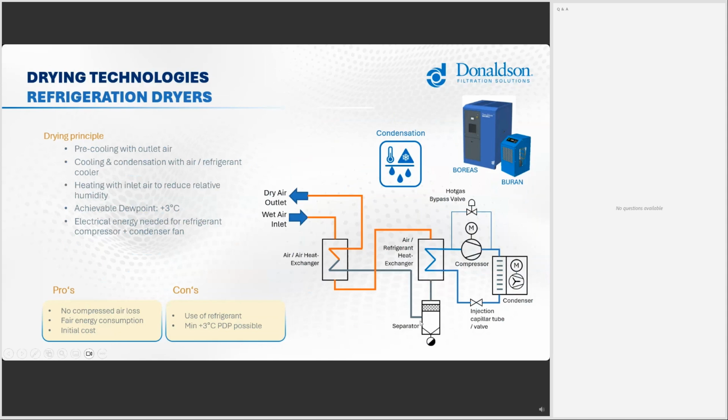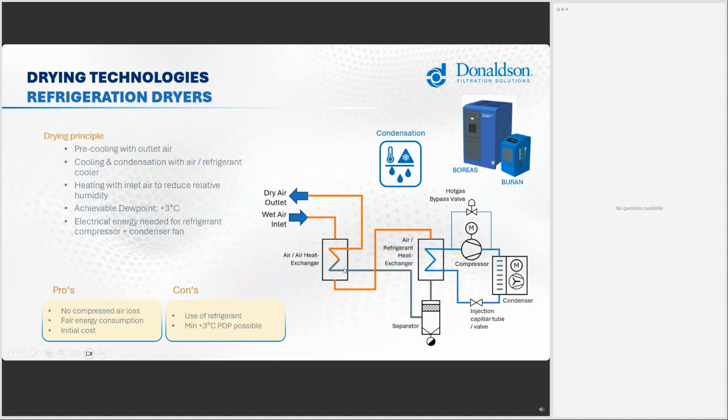Okay. Downstream of this cooler, we have, of course, again a separator, which removes the liquid condensate from the system. And then in the lower part, after the separator, the air is cooled down to a pressure dew point of 3 degrees Celsius and also to a temperature of 3 degrees Celsius.